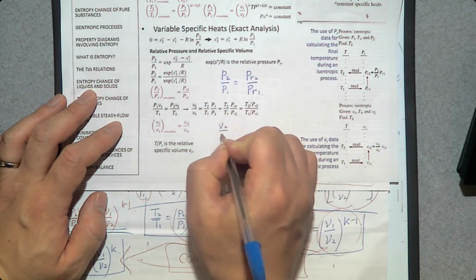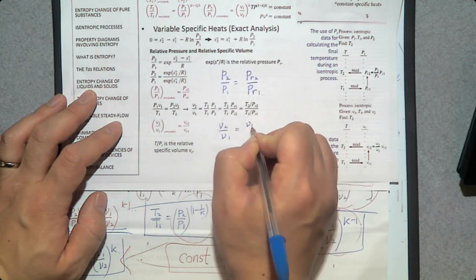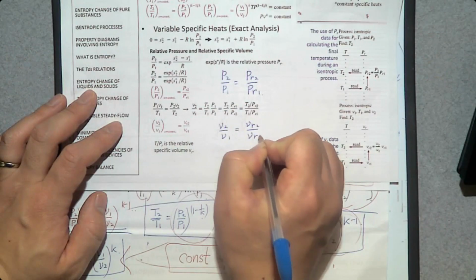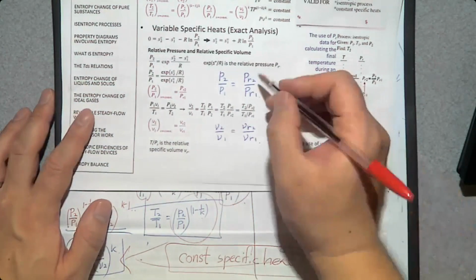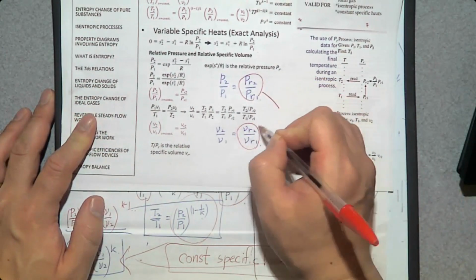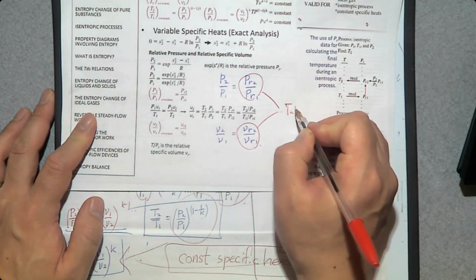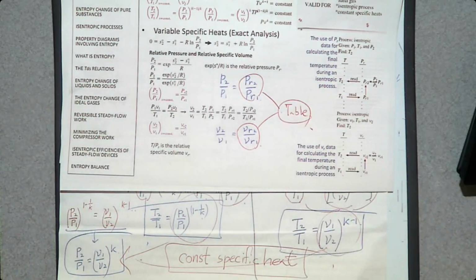V2 over V1 is going to be VR2 over VR1. So what is PR and VR? You can find these two from the property table. So that means if you know you have an isentropic process, the ratio that you can find from V2 and V1 is the same as VR2 and VR1 that you can find from, let's say, pressure, temperature, or from another property using a table.